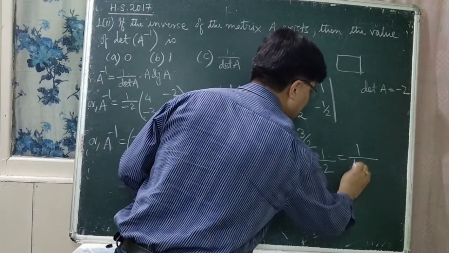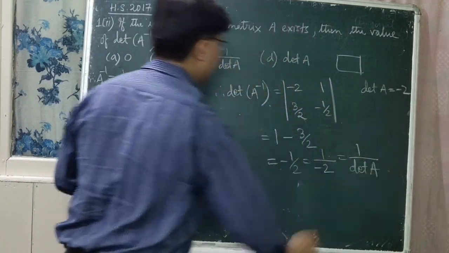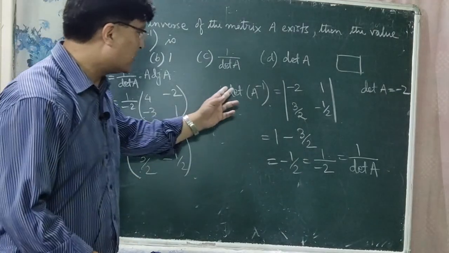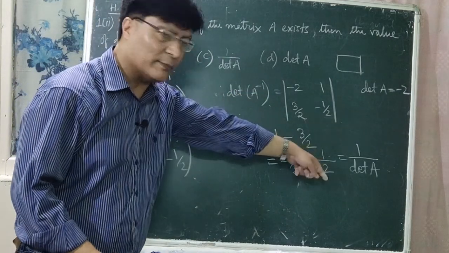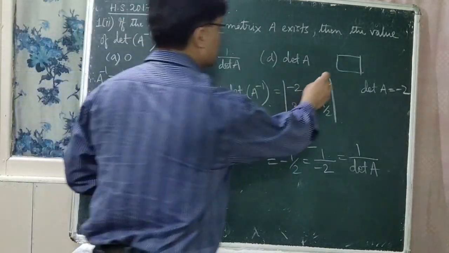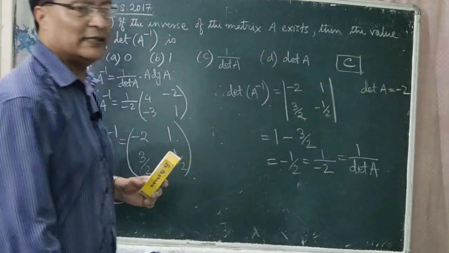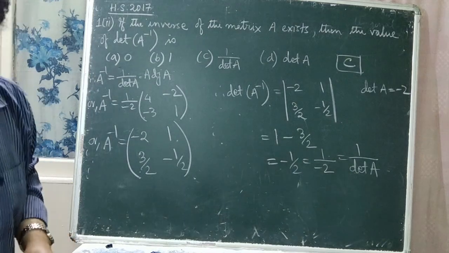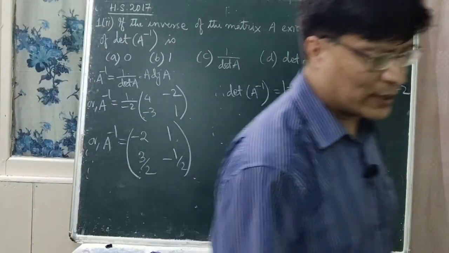That is delta, that is your det A. So the determinant of A inverse is equal to 1 upon det A. Which is the correct option here? That is C. C is the correct option, so you can write C here. Is that understood? So we'll do the next one now.